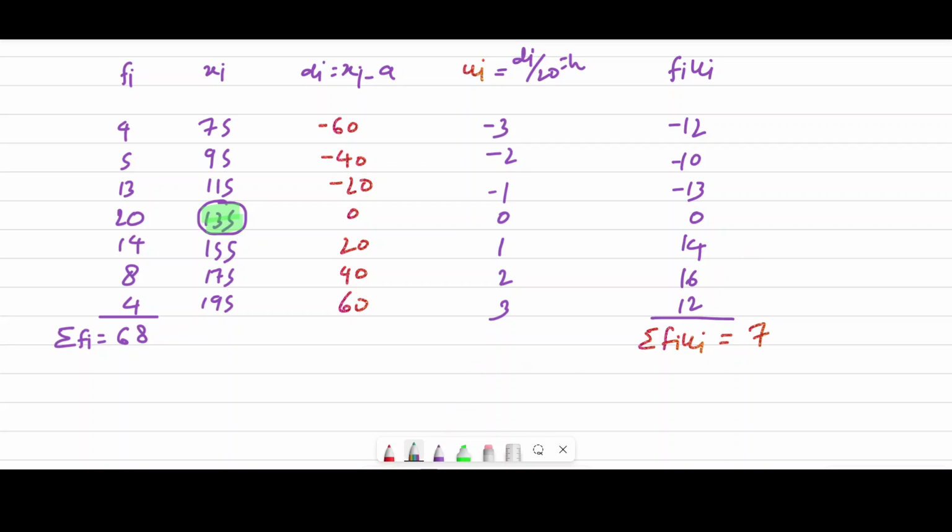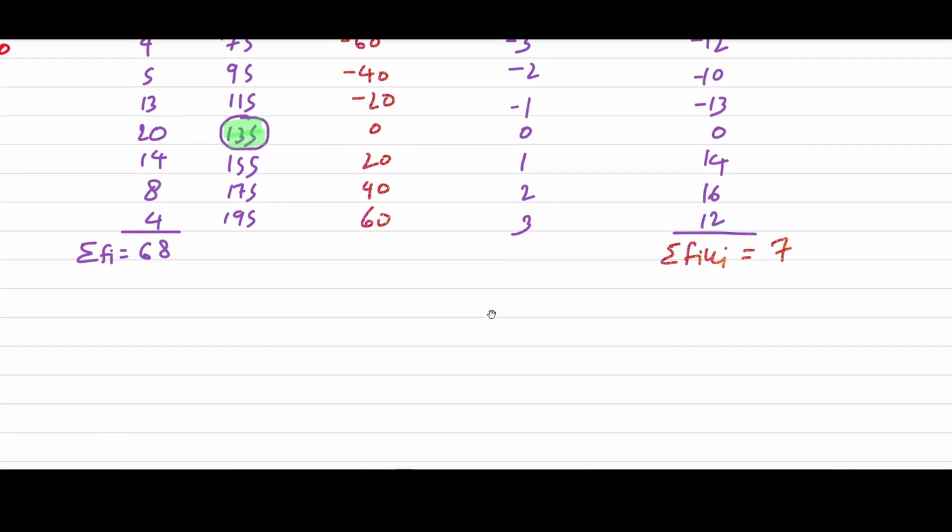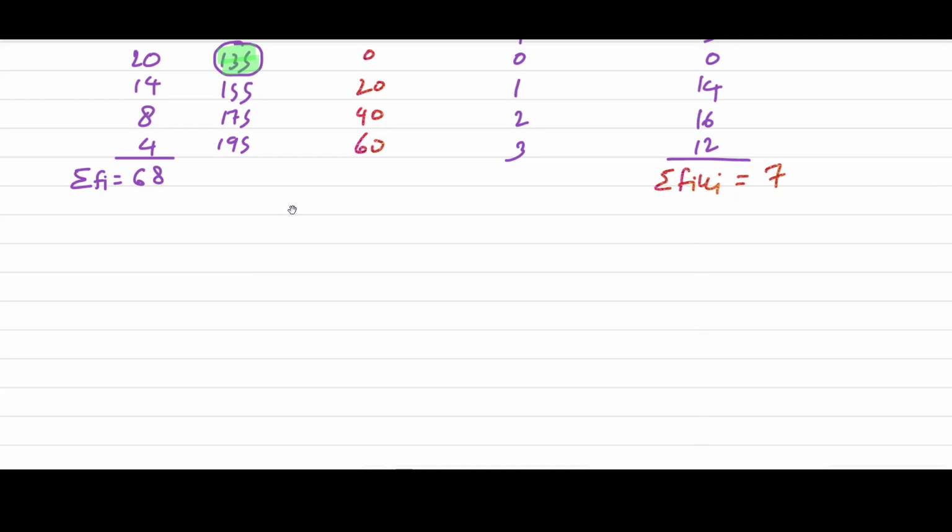Now we have information about everything. Now find the value of mean, that means x bar. First, A will be 135, so this will be 135, then add sigma Fi ui, this value 7, over 68, multiplied by h, which is 20.